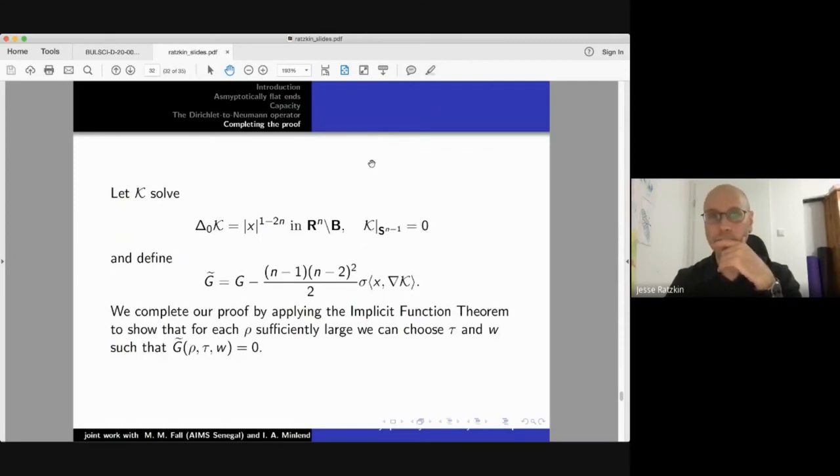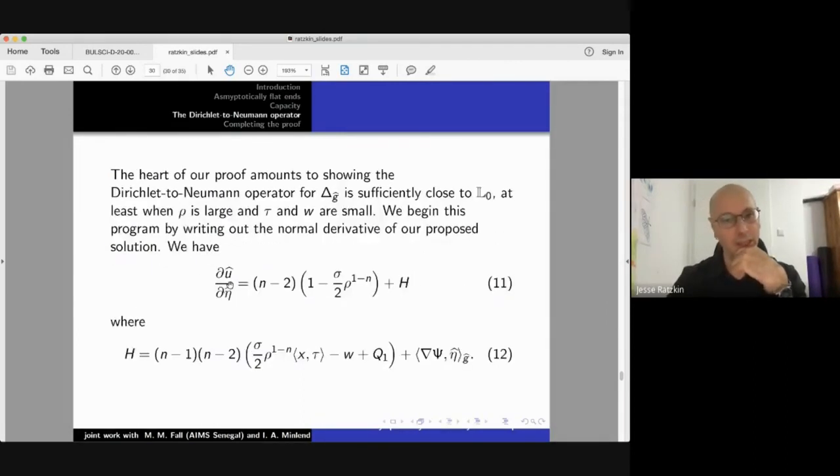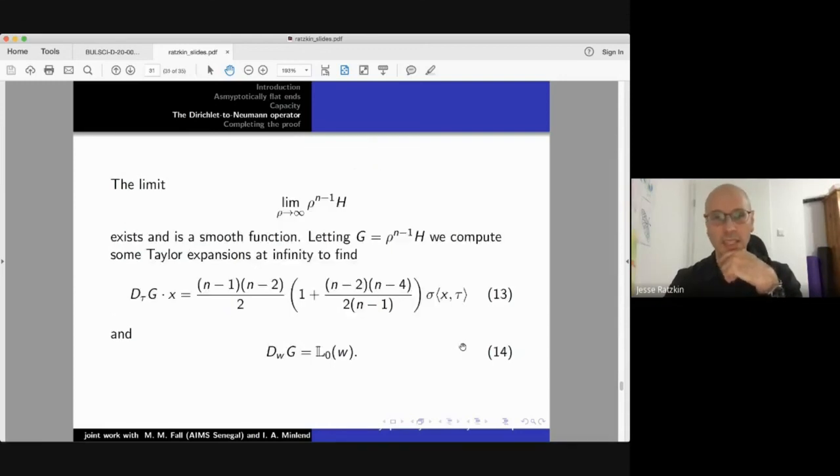So what do I do to complete my proof? I'm going to choose a function which, if I look at what I want to arrange here, I want the normal derivative of this to be constant. I move the non-constant stuff to the other side.